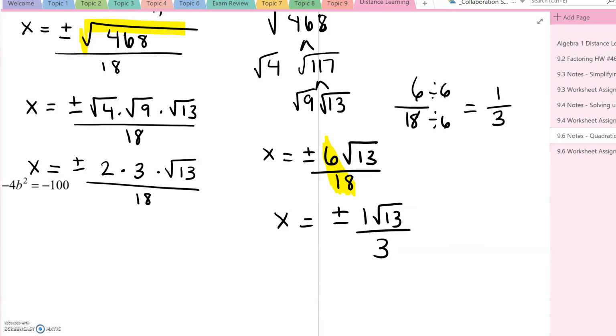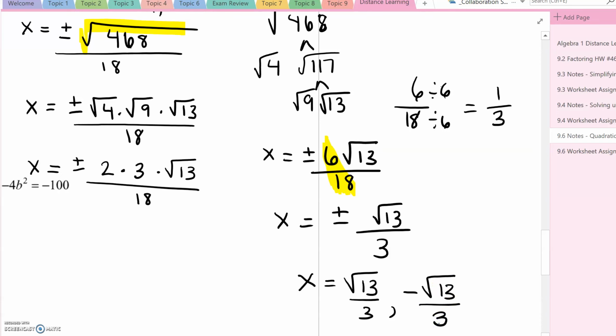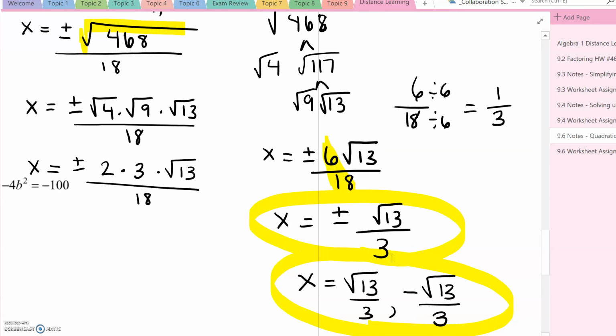You don't even need that 1 if you don't want it, because 1 times anything is the other number. So for number 8, x equals the square root of 13 over 3 and negative square root of 13 over 3. So those are our answers for problem number 8. If you want, you can also leave it as just plus or minus, but I know Pearson has you write it as 2 separate things.